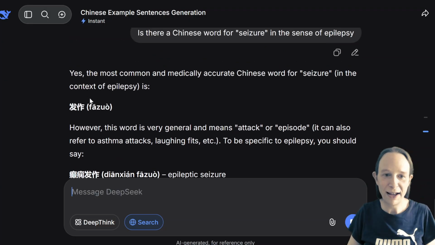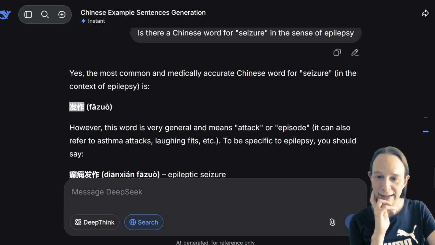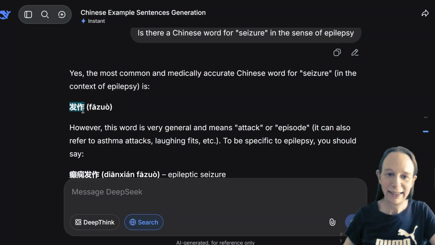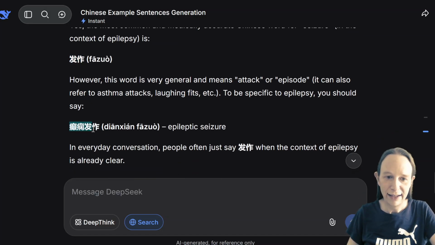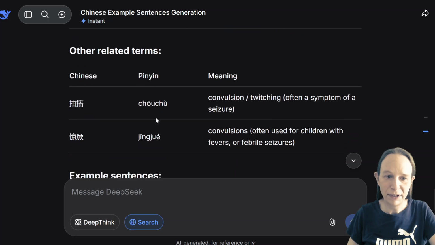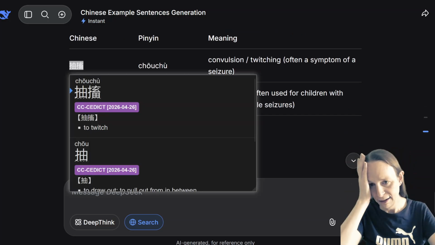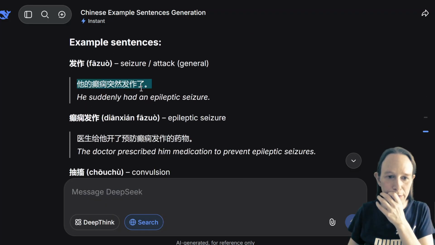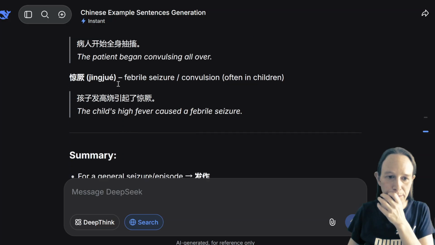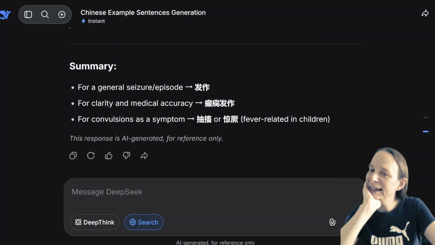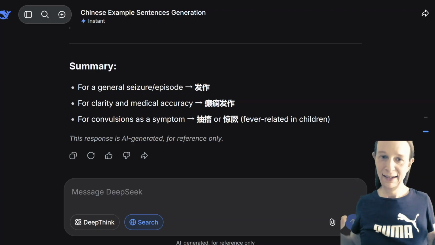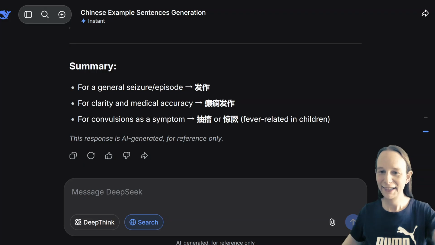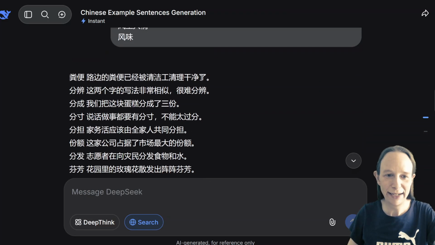Yeah, all right. So that's the medical one. Okay. 癫痫发作, epileptic seizure, but you can have 抽搐, twitching, 抽搐惊厥, convulsions, 发作. Yeah, this isn't exactly the same as English, is it? You don't have this exact word. Sometimes it can be tricky like that, eh?